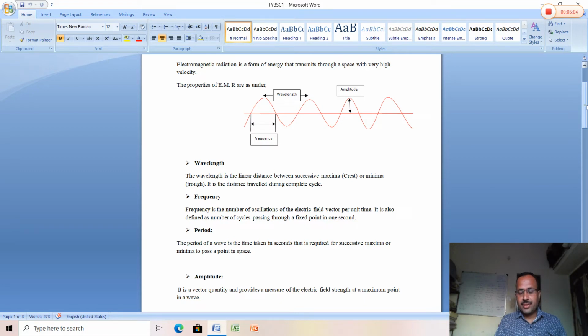Next is amplitude. I will repeat the same definition for students. It is a vector quantity and provides a measure of the electric field strength at a maximum point in a wave. So these are the properties of the electromagnetic radiation.